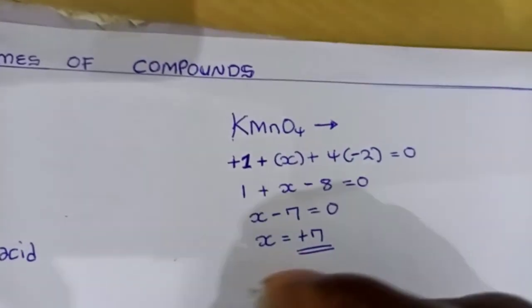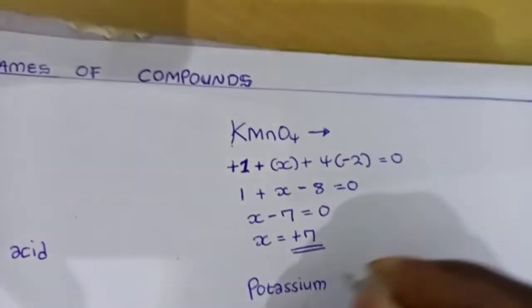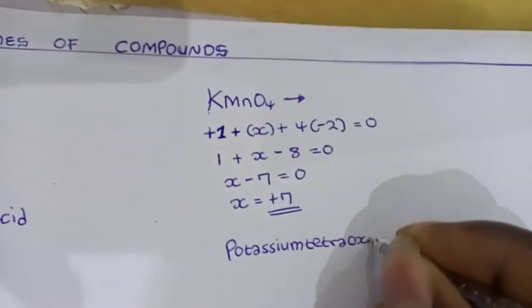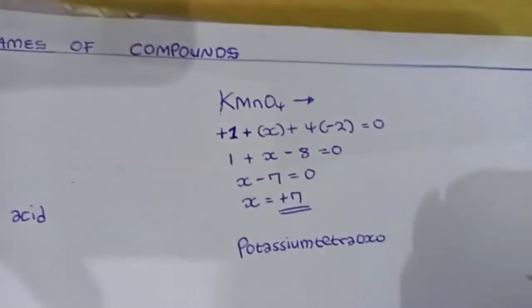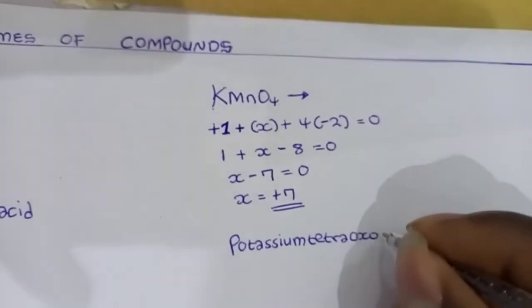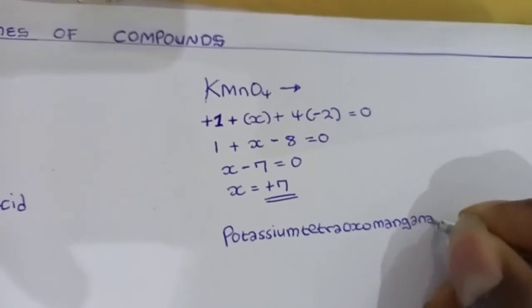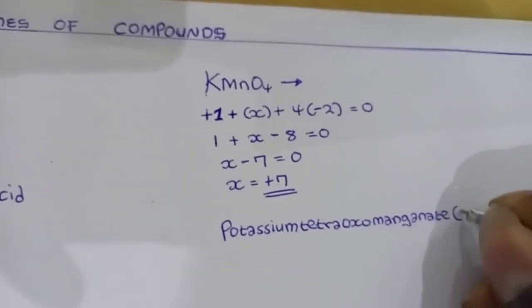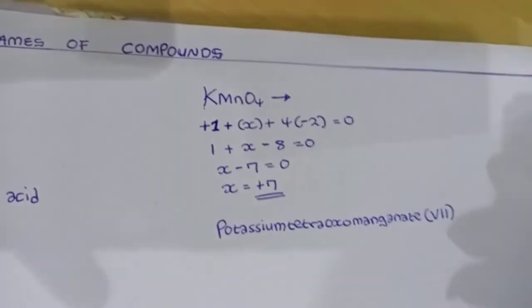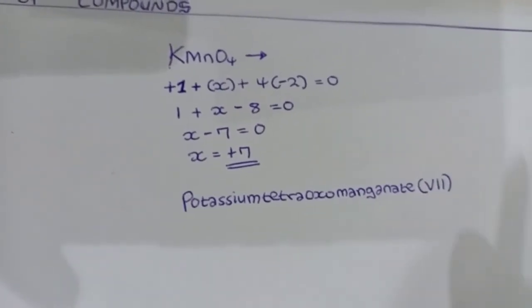So that's potassium tetraoxo, because we have 4 oxygen here, so that's why we added tetraoxo, manganese(7). Some can actually say potassium permanganate, but this is the full name of this compound.